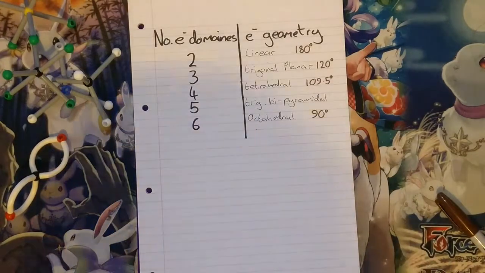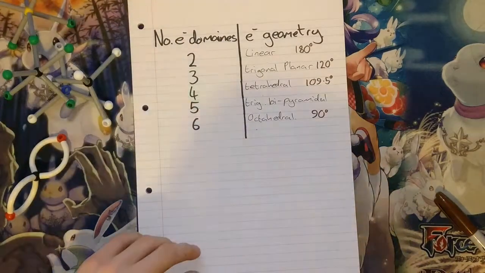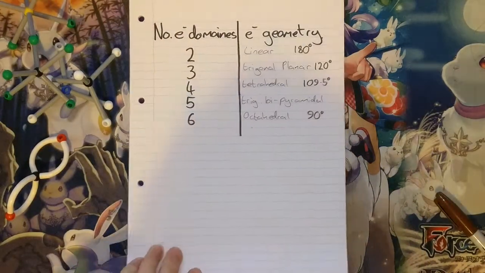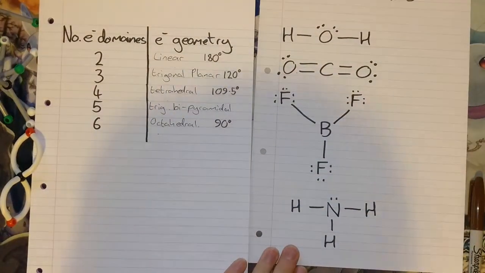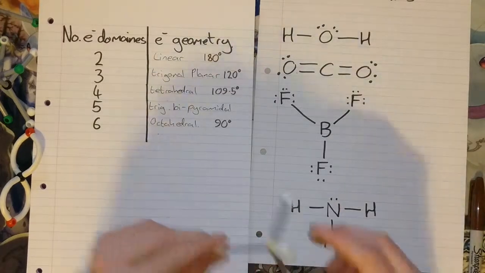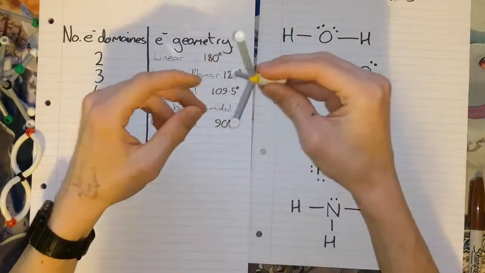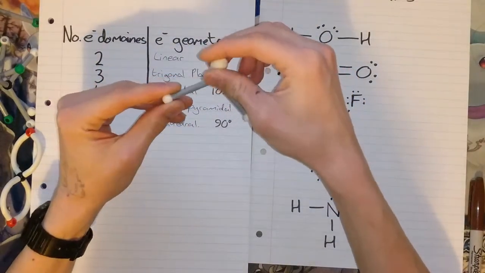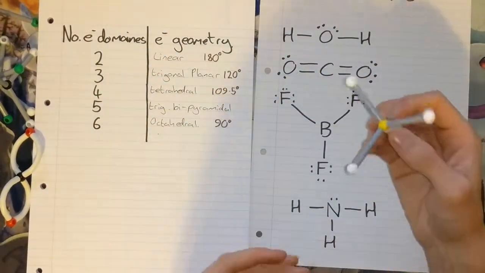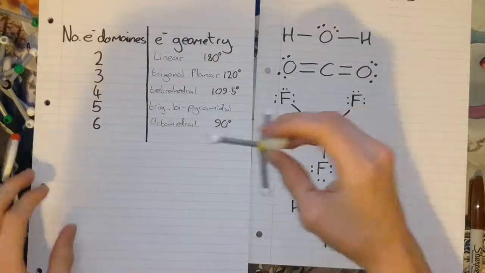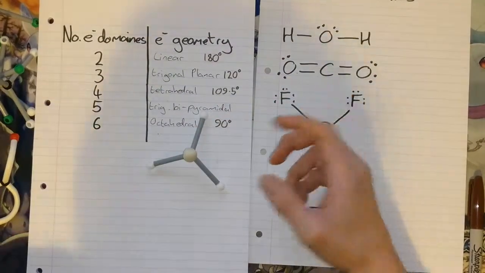Now, some things, as you saw earlier with the example of ammonia, will have 4 electron domains, yet only 3 atoms bonded. Here's my ammonia here. Our lone pairs are being demonstrated by this murky blue tack here. Now, you'd think it's only got 3 electrons, so it might be planar, but it's not.